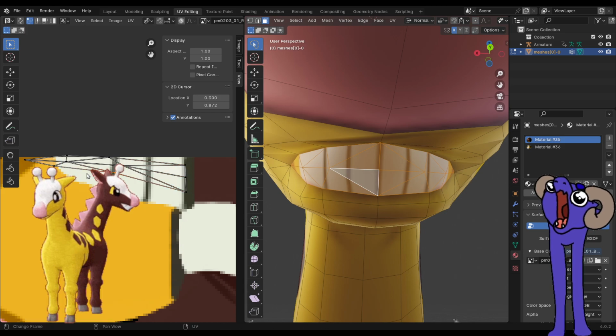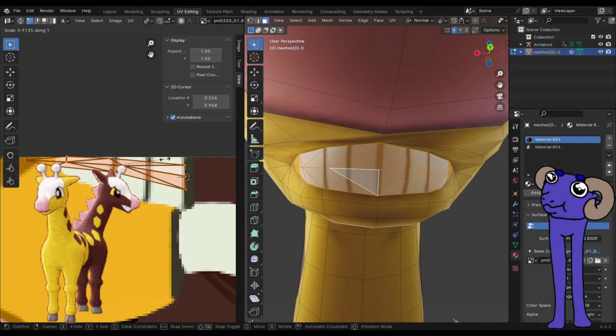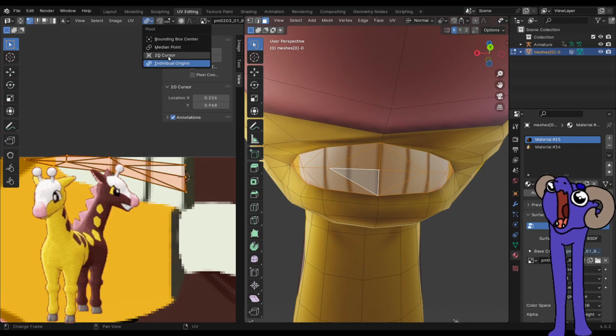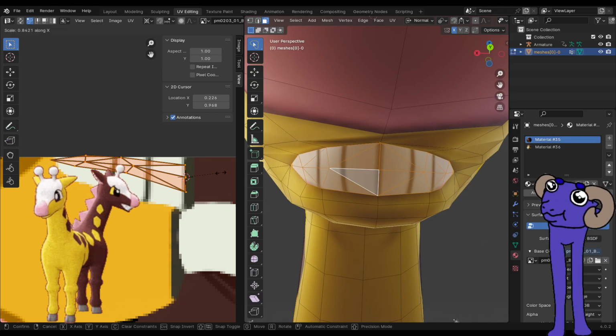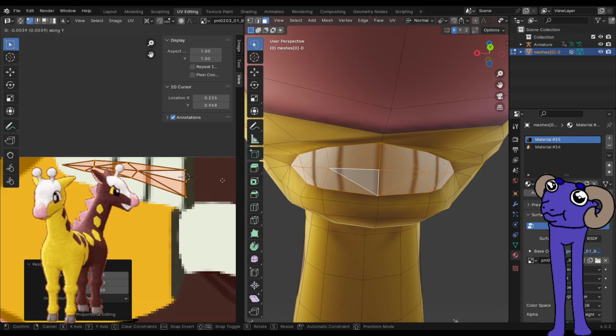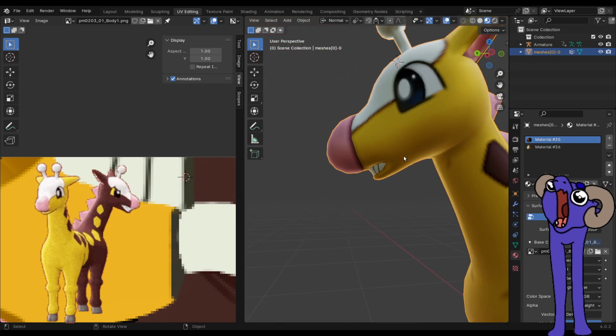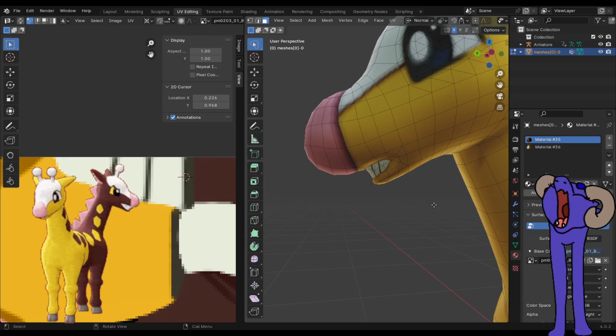God, I hate working with UV sometimes. Okay, perfect. That actually looks pretty okay.